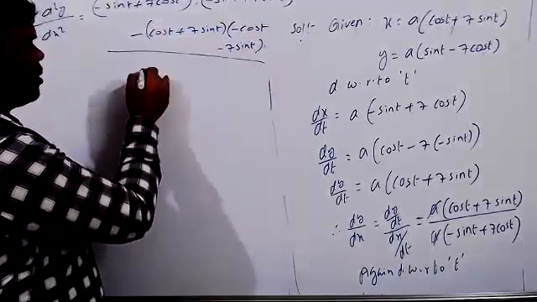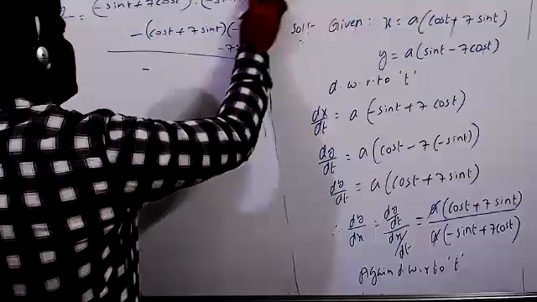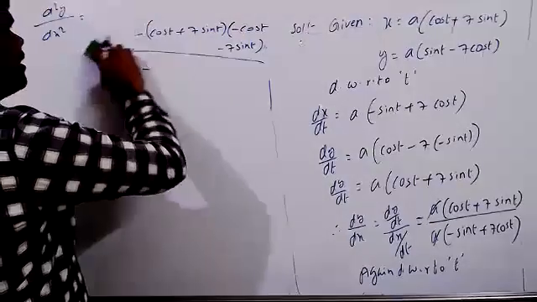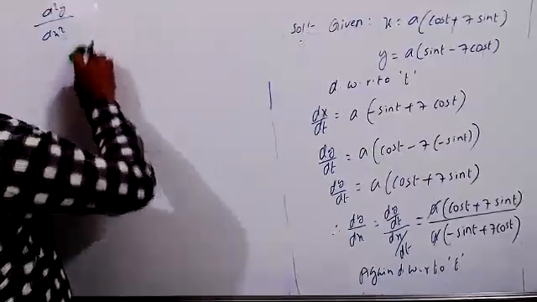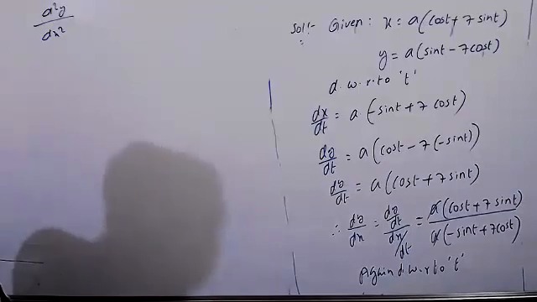Sir, can't see the top line. Where, sir? It should first be dt by dx again, because with respect to x we are differentiating cos t and sin t. Very good, very good.